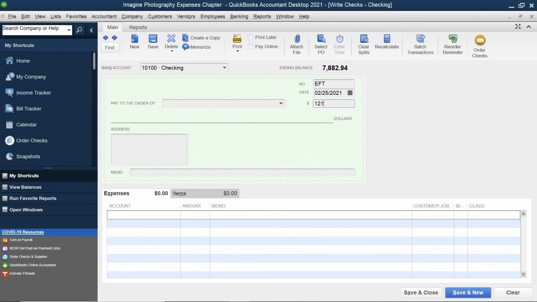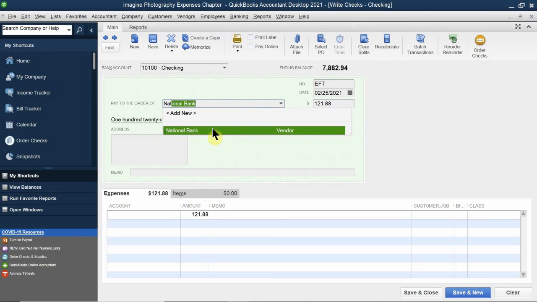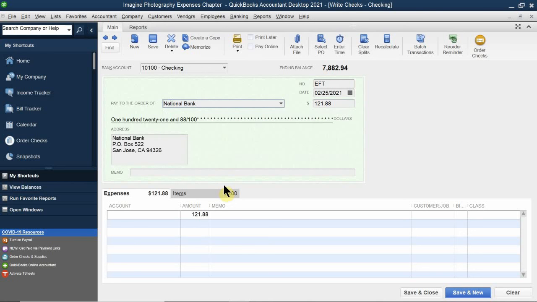And it's going to be 121.88. And what I'm going to do here is, who is it to? Well, in this case, it's going to be to the National Bank. That's the person that I am making a payment to. That's the bank.